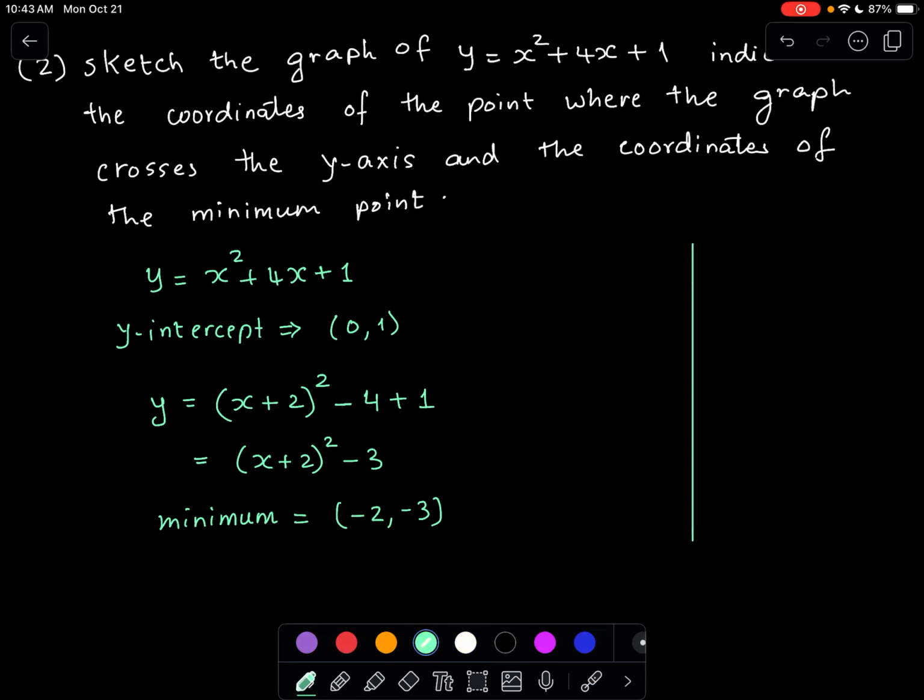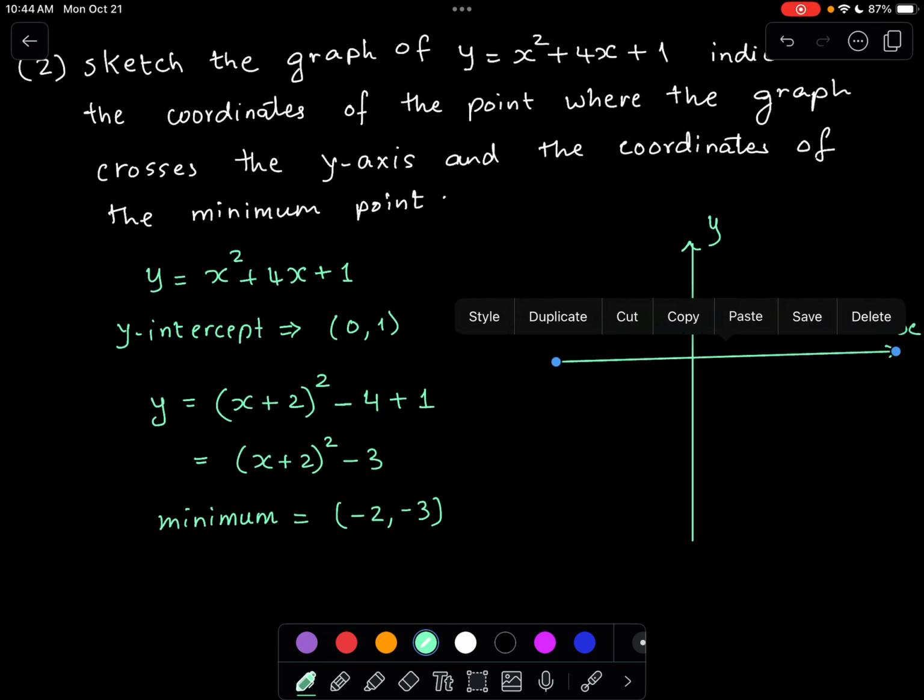Remember to label your axis, y and x, right? So we have the y-intercept at 0, 1, and we know the minimum is at -2, -3.